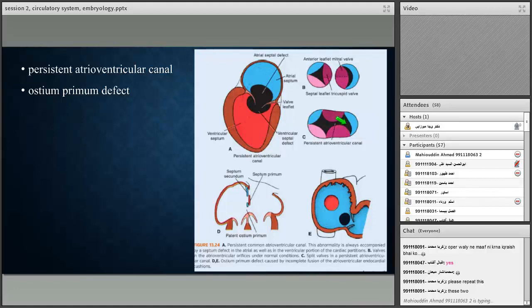Instead of tricuspid and mitral valves, we have just one. And in the other defect, ostium primum defect, we have a cleft in the anterior leaflet of the tricuspid valve. They have a defect in the atrial septum.